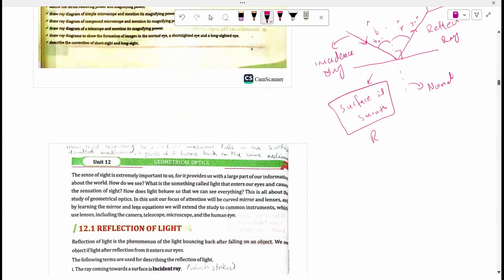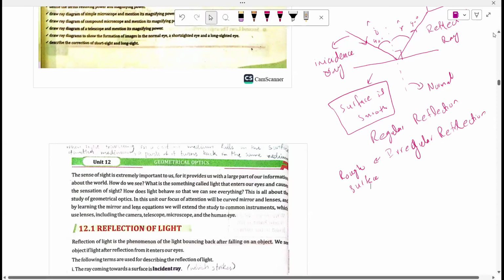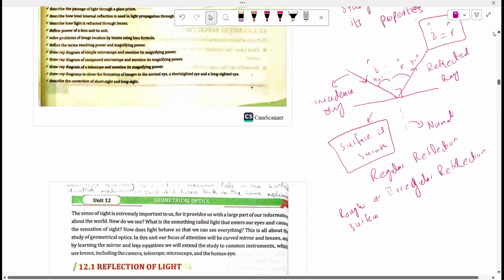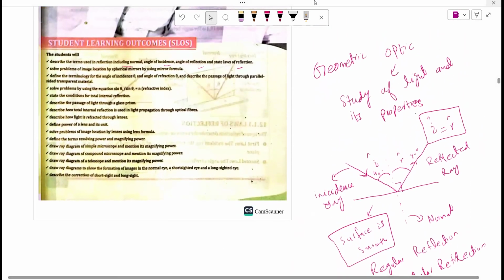There are two types of reflection: regular reflection, which happens on a smooth surface, and irregular reflection, which happens on a rough surface. Apart from that, there is a possibility that some light can also be absorbed while this happens.